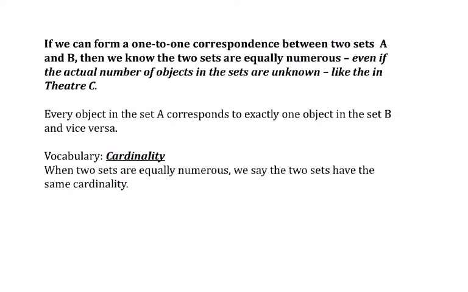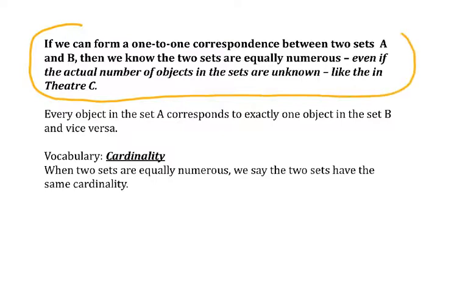And this is why it's useful. Sometimes we know we can form a one-to-one correspondence between two sets, even though we don't know exactly how many objects are in each set. And that's exactly what we did in Theater C. We didn't know how many people there were.